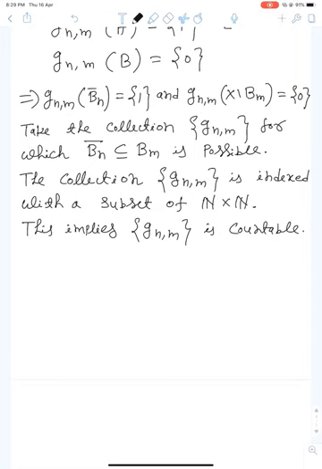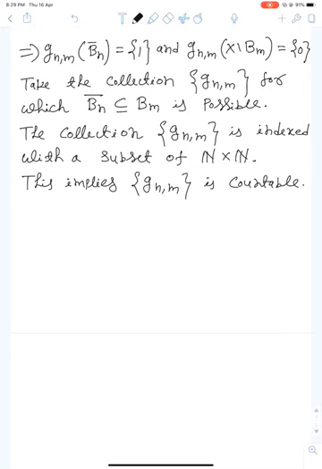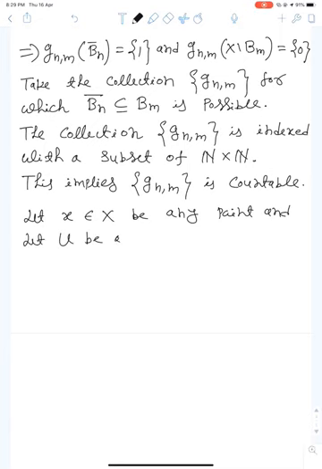Now we claim that this collection is my required collection of functions. Why? Let x be any point and let U be an arbitrary open set containing x.